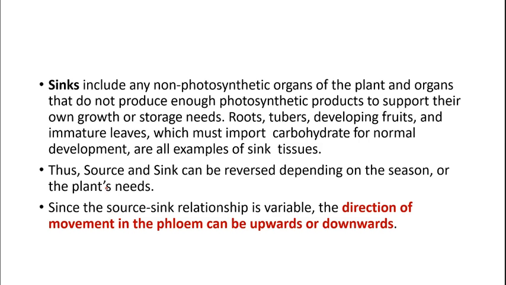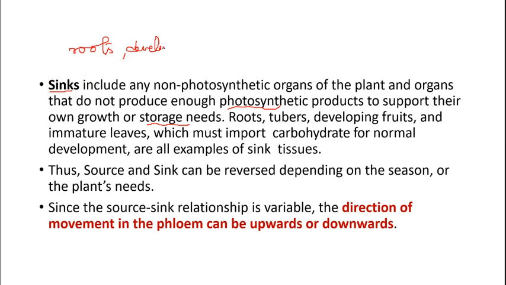So what are sinks? Sinks are any non-photosynthetic tissues which do not produce enough photosynthate for their own use or storage needs. They are dependent on the source for their food. Either they cannot synthesize, or if they synthesize, they cannot meet their own demand. So sinks can be roots, and sinks can be developing leaves.